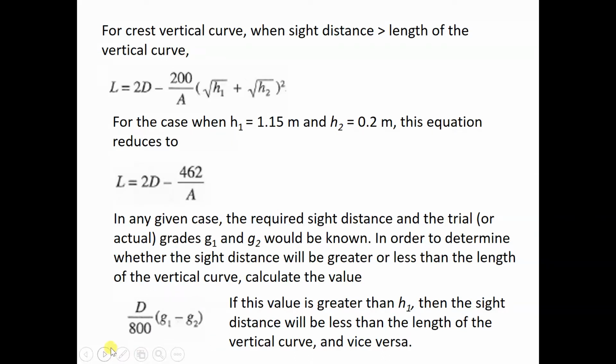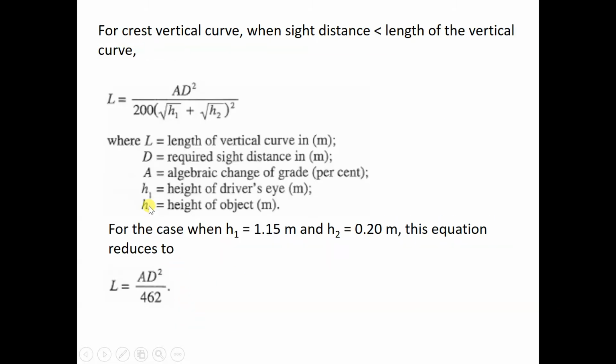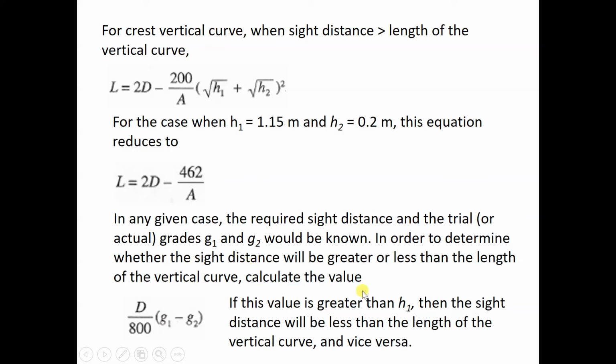We look at this term here, D divided by 800 times G1 minus G2. D is the required stopping sight distance. For every curve, whether sag or crest, the first grade is called G1 and the second is G2.